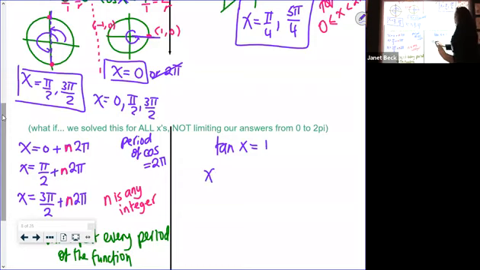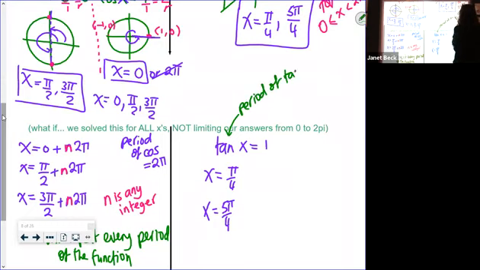Our solutions were x equals pi by 4 and x equals 5 pi by 4. And we want the period of tangent, so to that we add any multiple of the period.